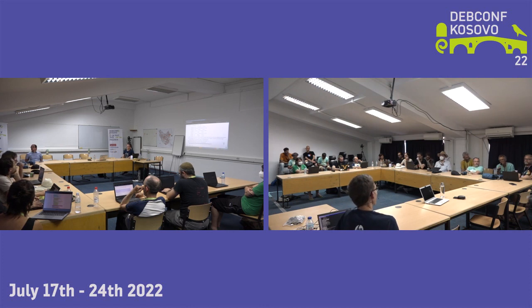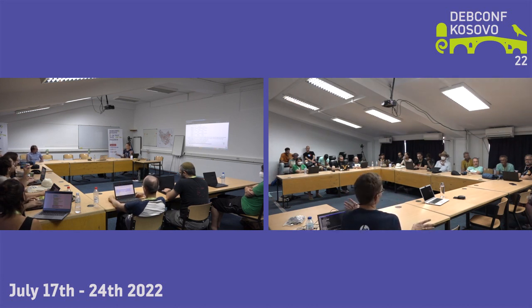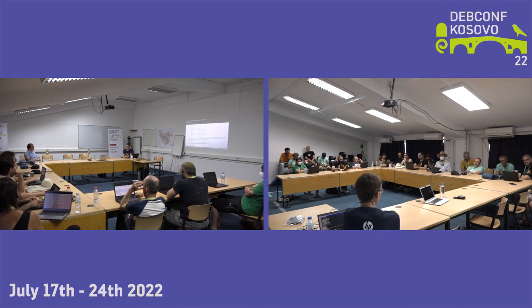Well, bootstrapping comes in two flavors: native bootstrap and cross bootstrap, right? And those are completely different. The native bootstrap problem is about, you have this box and you want to use as few binaries as possible to build everything. That's what the GNU Mes people do. It's what Guix does.